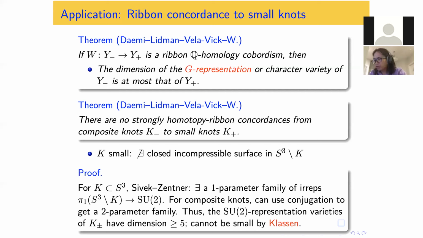And to complicate matters, the character variety is not really a variety, it's really a stack. So it's easier in this case for the proof to go through the map of varieties.